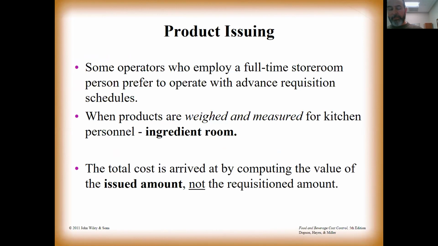And recall that we said that some of the basic reasons we would want to have a higher level of control is when ingredients are expensive or the profit margin on the item we're going to make with those ingredients is relatively high. Other reasons might be that we have continuously missing product, maybe it's being stolen, or maybe we have excessively high food cost percentage. Those things might lead us to decide to have a different system of documentation or different personnel to help us control the process of removing items from storage.